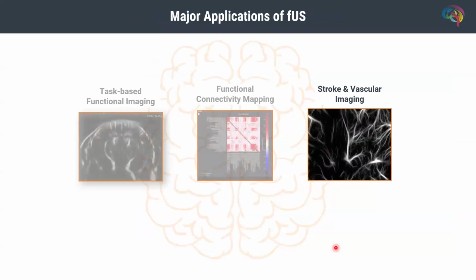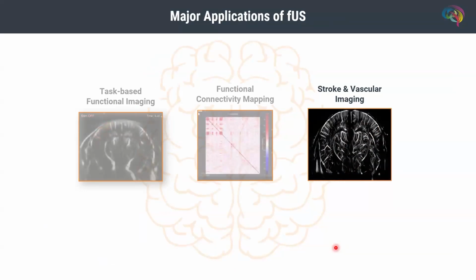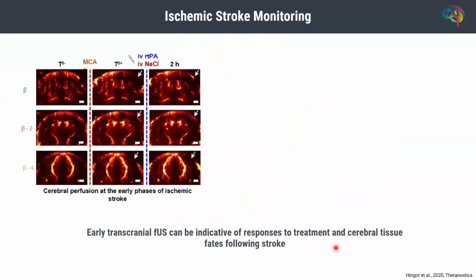So this brings us to the last broad area of application, that is stroke and vascular imaging. So I'm going to show you these examples in which researchers used functional ultrasound to monitor cerebral perfusion in a mouse model of stroke, both before and after treatment.